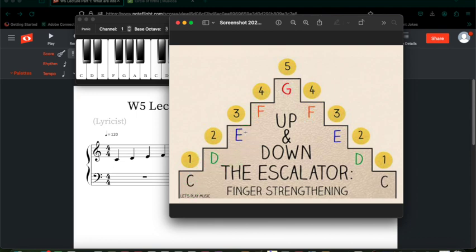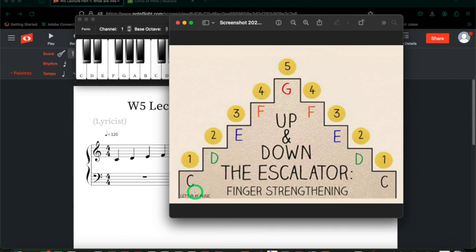And that also explains how we label intervals. So we actually give intervals a number in music, very similar to scale degrees. The distance from C to D, for instance, that's what we call a second. C to E is a third, because the distance is 3 away.